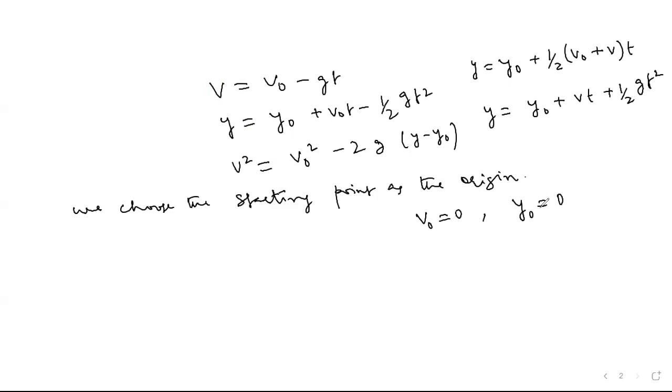Which equation can we use to find the position at 1 second, 2 seconds, 3 seconds, 4 seconds? We will simply make use of equation second. Let me name this second, this first, this third, this 4, and this one 5.